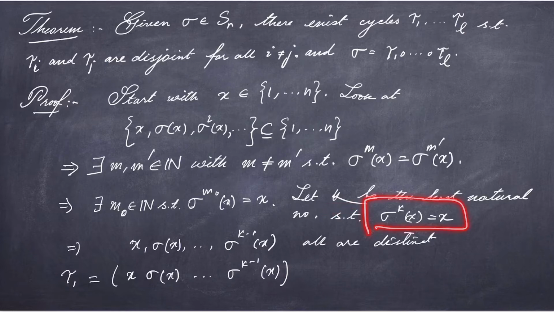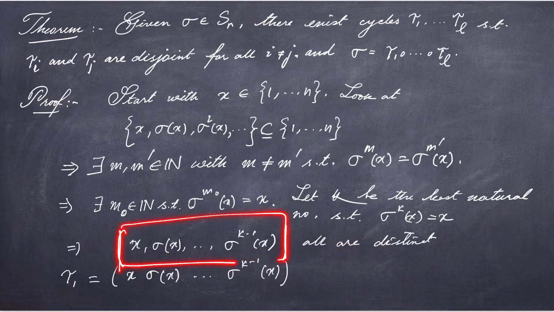The reason for choosing the least one is because once we have chosen the least positive integer k, then for that k we can ensure that this collection of points in 1 up to n, x, sigma x up to sigma to the power k minus 1 x, are all distinct. It's easy to see: if two terms are equal, then that leads me to a positive integer less than k such that sigma raised to that power applied on x will be x.